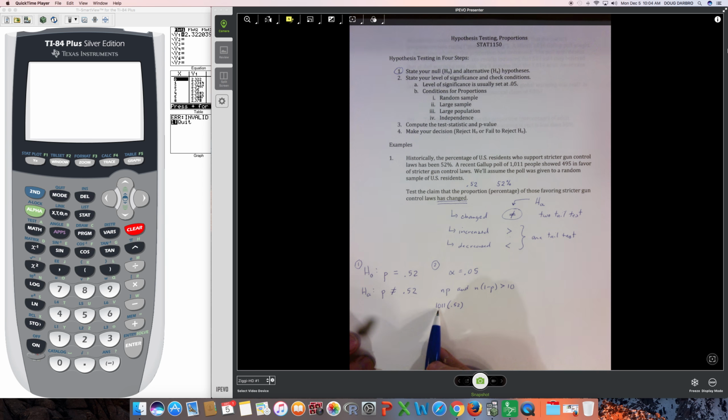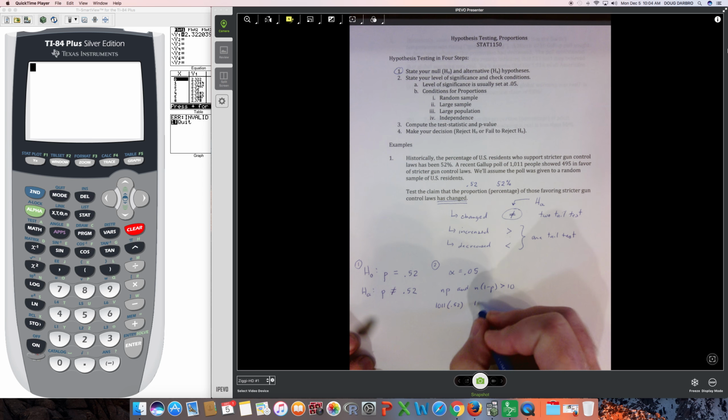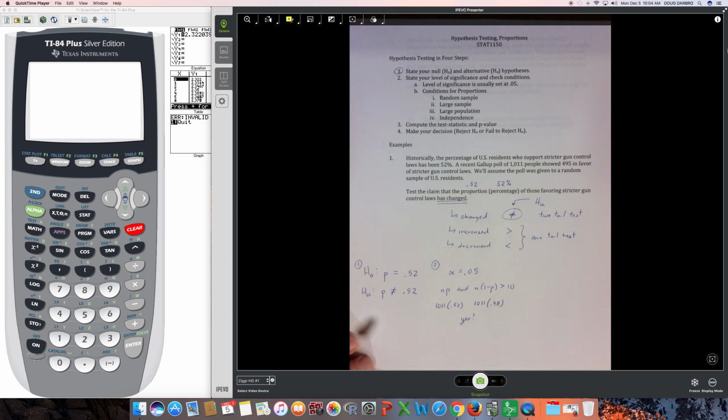So guys, you can see that this is clearly up around 500 or so. So it's clearly bigger than 10. And you can see that 1,011 times 1 minus 0.52, which you probably could do in your head like me, 0.48. So this is going to be up around 480 or 490, which again is bigger than 10. So yes, our large sample assumption condition is satisfied.